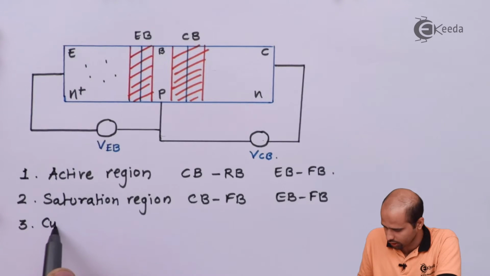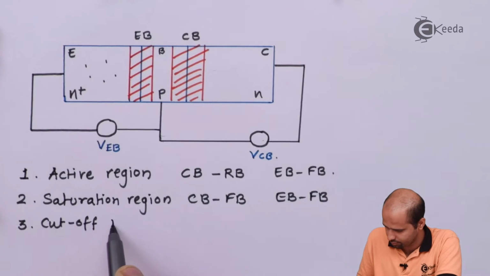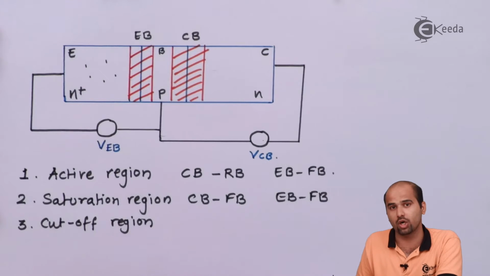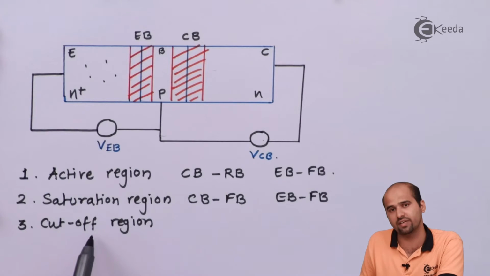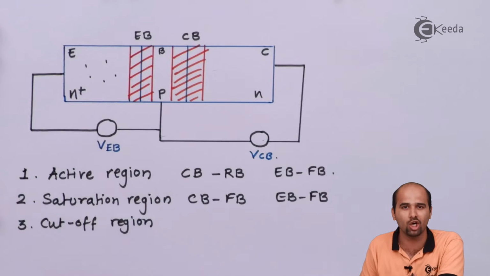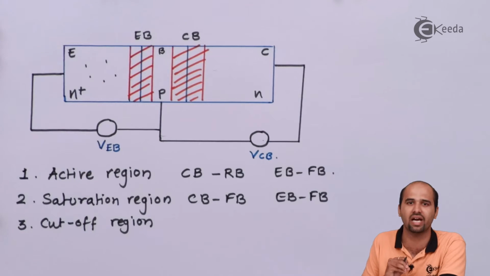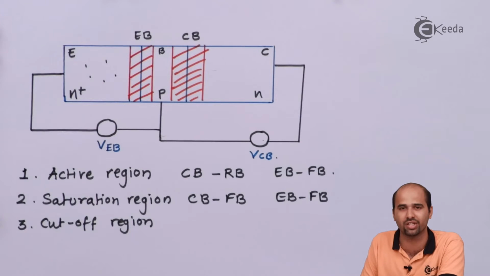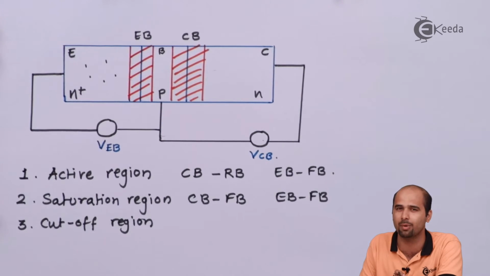Third is the cut-off region. In the cut-off region, the word cut-off itself tells you that my BJT will not conduct, it will be in a very high impedance state, a very high resistance state, such that current will not flow due to majority charge carriers; rather, a very small amount of current will flow, due to minority charge carriers.